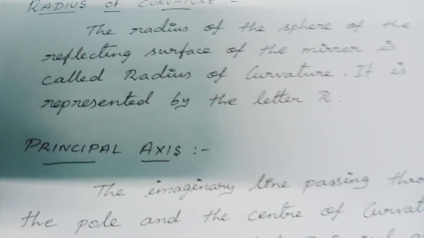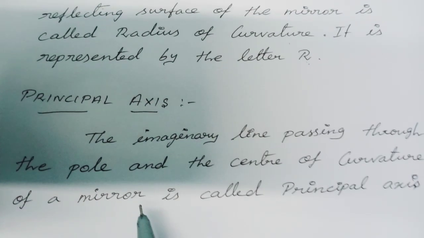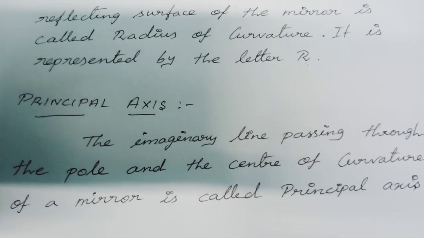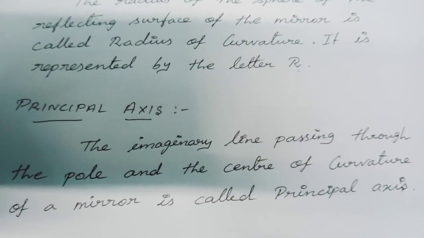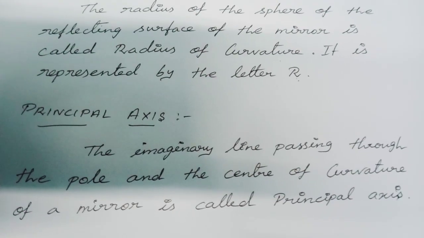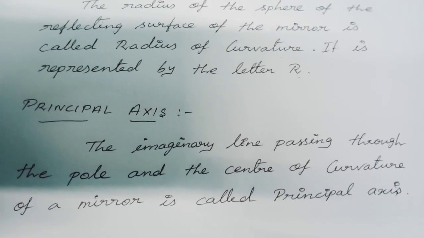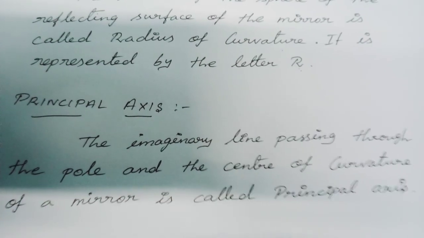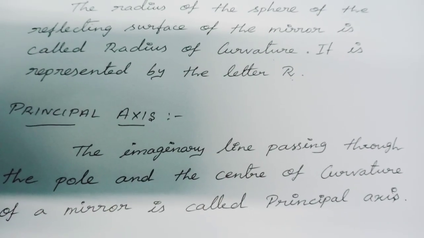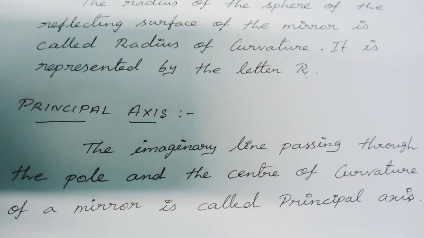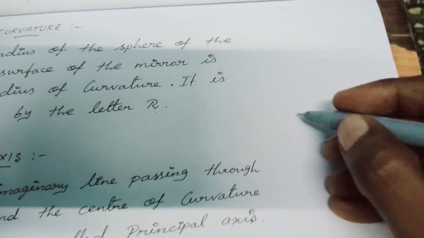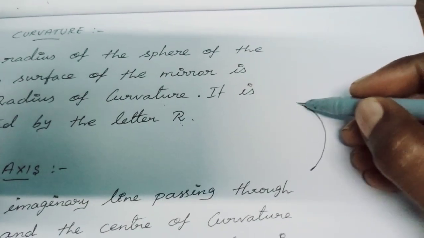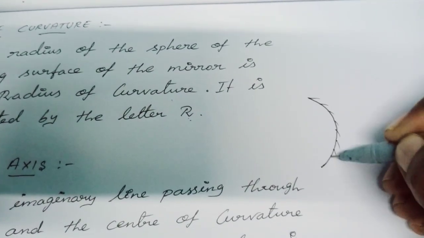See, the next definition is principal axis. Principal axis is an imaginary line. Just imagine that the line is passing through the pole and the center of curvature. We know what the pole is and what the center of curvature is now. For a concave mirror, I am drawing the diagram again.